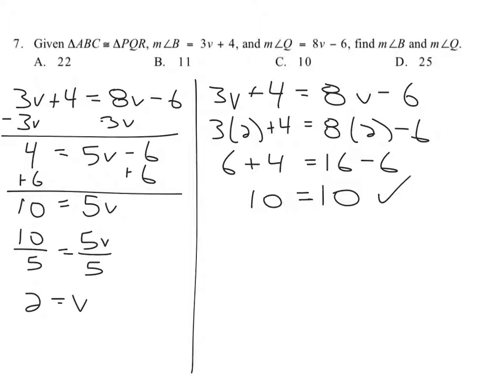And we do. We get 10 equals 10, so they're each equal to 10, and we're going to just mark that as such, C, and we're done.